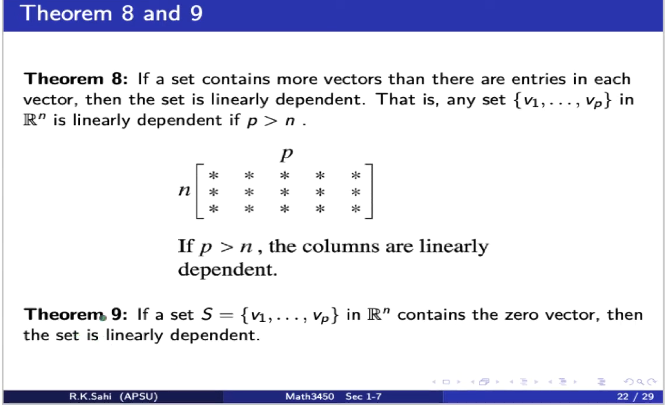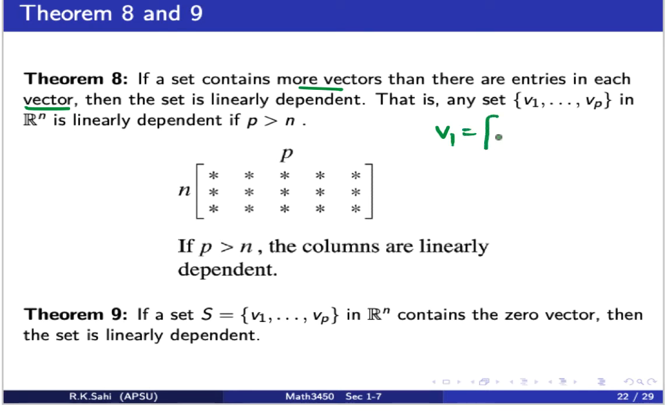Let's start with Theorem 8. If a set has more vectors than there are entries in the vectors, then the set is linearly dependent. That is, any set v1 to vp in Rn is linearly dependent if p is greater than n. So let's take an example.